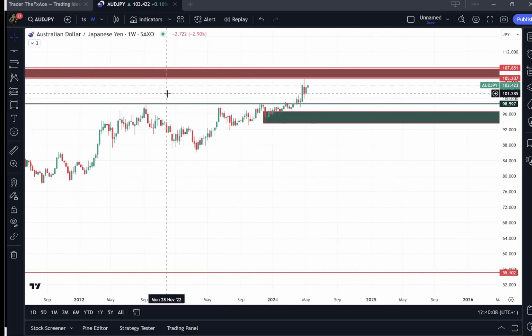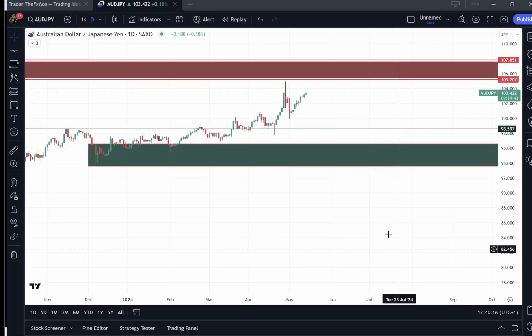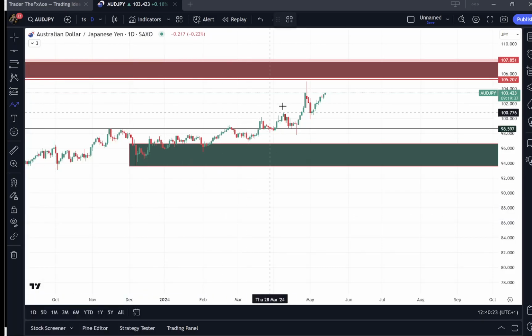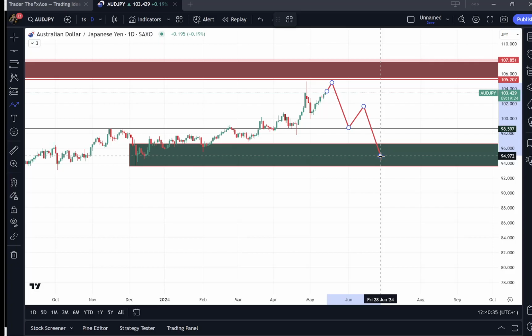So what I want to see happen now, and what is most likely to happen, we'll just zoom down to the daily charts, is we're getting very overextended again and very, very overbought. The likely scenario here is we'll get a pop up above 104 towards 105, and then we'll get the sell-off possibly down to this area here, and then down to here.